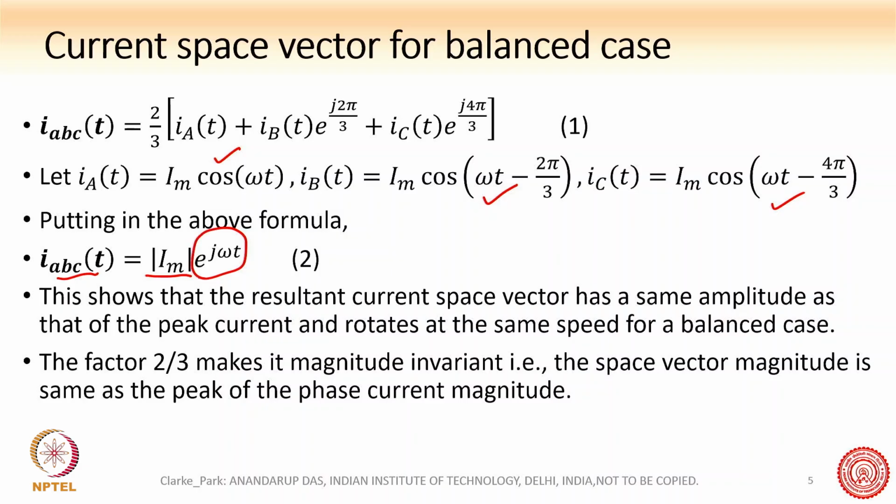So the resultant current space vector has the same amplitude as the peak current and rotates at the same speed, the rotational speed omega.